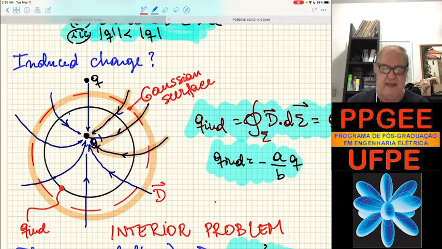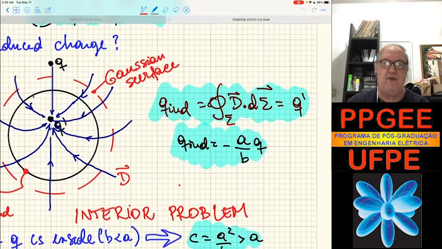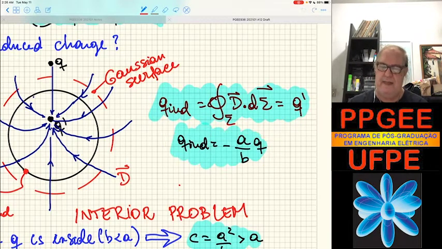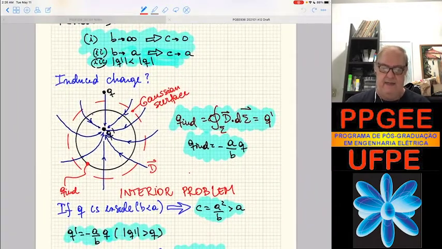So the induced charge is exactly equal to Q', which is minus A over B times Q. So the induced charge is equal to the image charge, right? So that solves the problem.